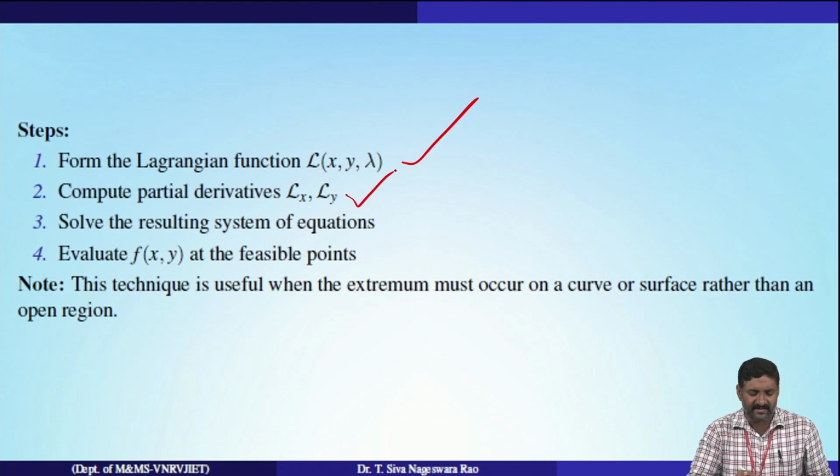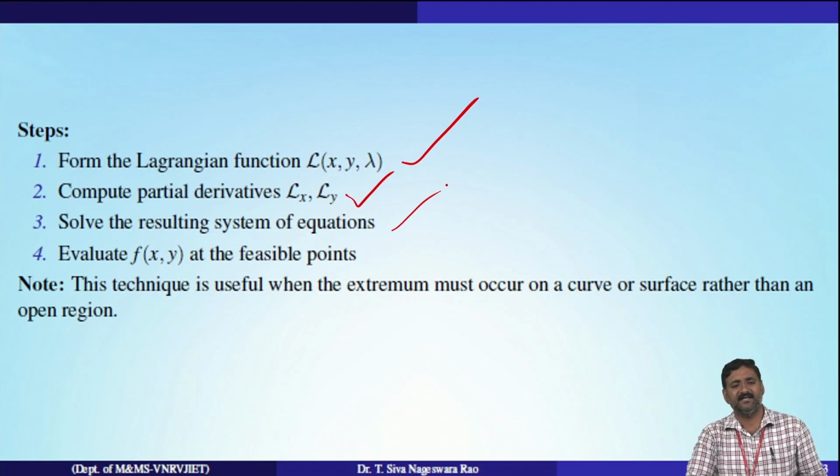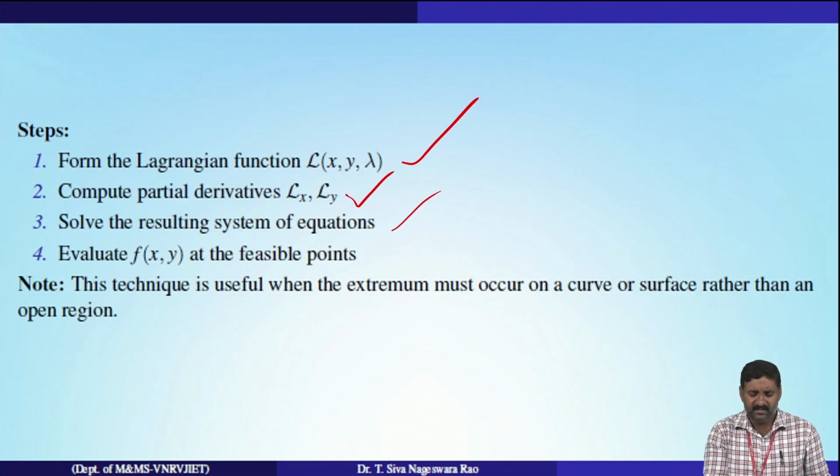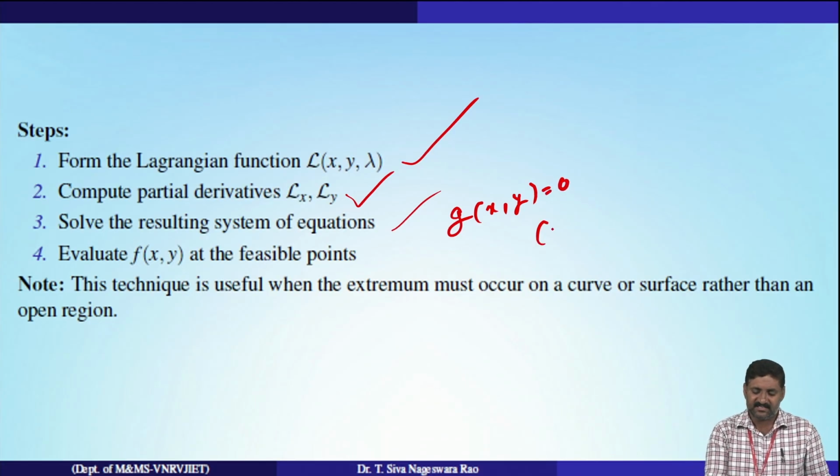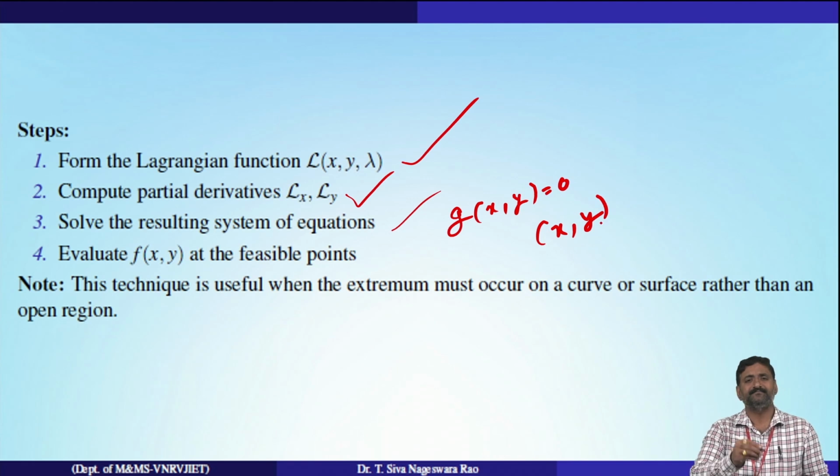Now calculate its partial derivative with respect to x as well as with respect to y, that is, you will get Lx and Ly. Now solve the resulting system of equations with the help of g of x comma y equal to 0. Finally, you will get the stationary points.